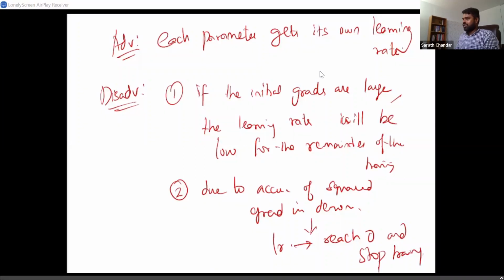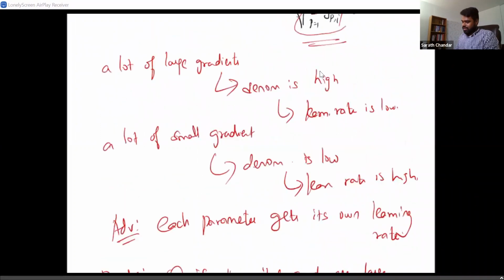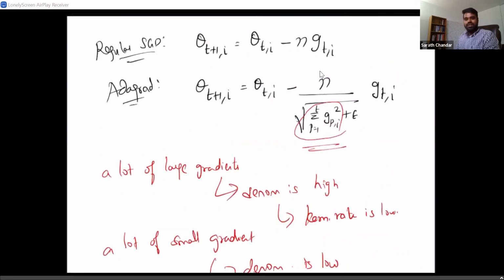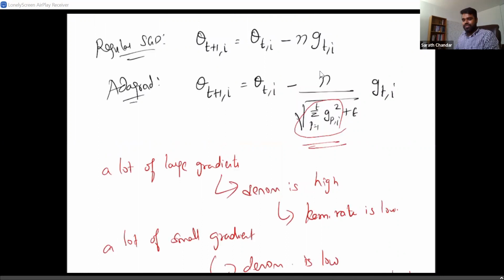Going near the local minima, yes, there is this issue that the learning is too low, but that is not affecting us here simply because you already have a lot of large gradients in the beginning, which is going to dominate this summation, right? Remember that the summation is from the beginning of the training, so it is going to be dominated by large gradients from the beginning.